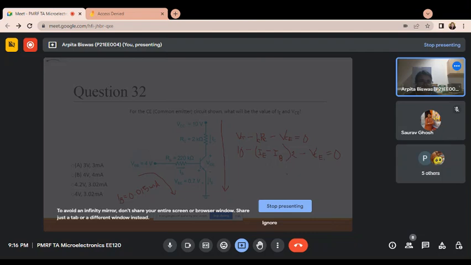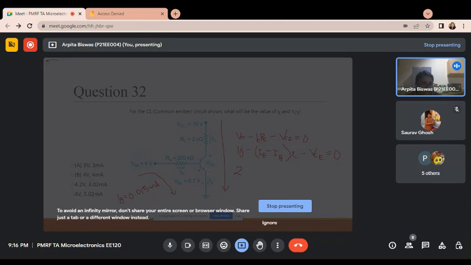Then you just calculate all these things and you will get the final equation: 2 into IE, keep this VCE, and this minus 2IE plus 2IB, okay, and this 10 is positive, so just take this 10 in the opposite direction.